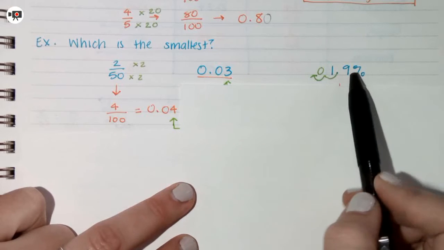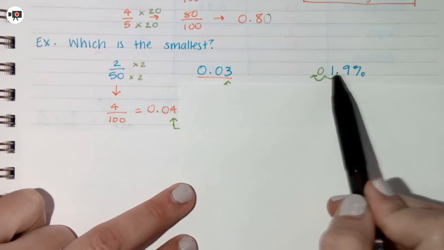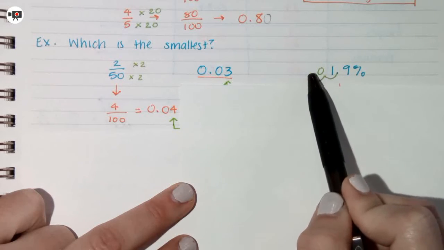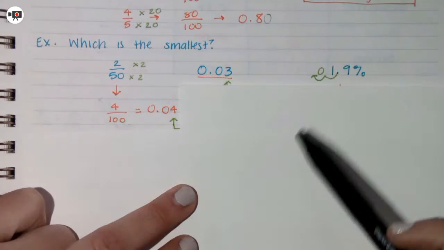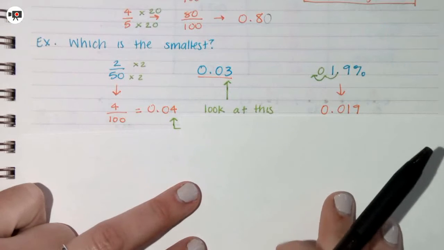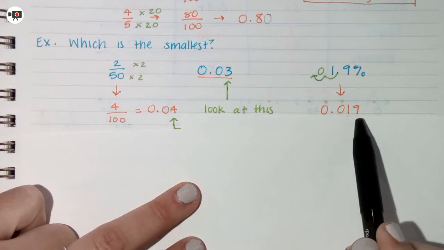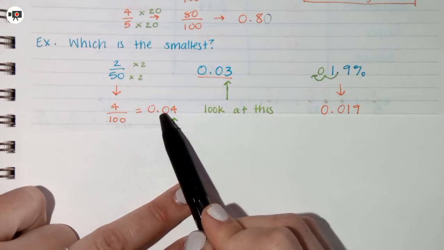Now for 1.9%, to change this into a decimal, I take my decimal place from where it is and move it 2 spots to the left, filling in any empty spots with a 0. So this would be 0.019 as a decimal. Now I have a decimal, a decimal, and a decimal.